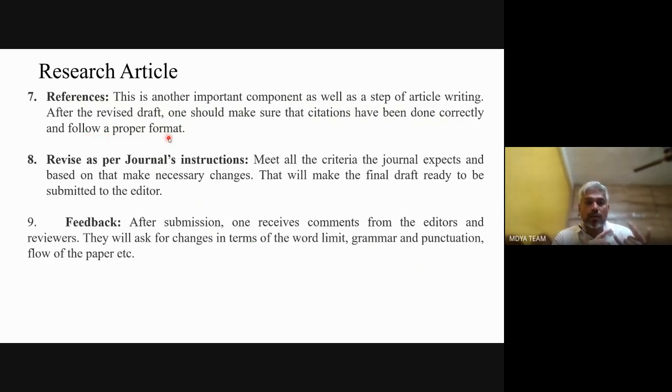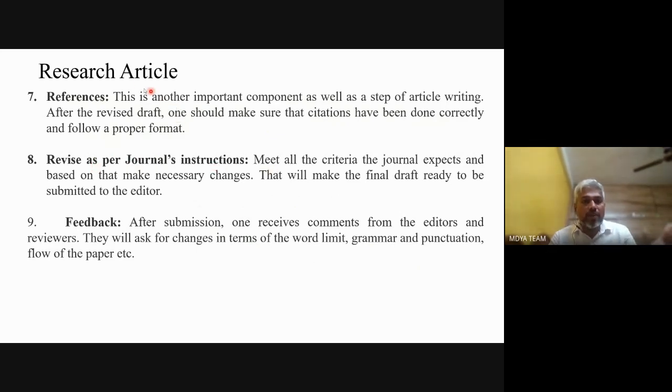During revision, you need to correct your citations. Citation means when you use somebody else's quote in your research, you have to mention their name, title, date of publishing, and publisher's name. That is called reference. Revise as per general instructions.